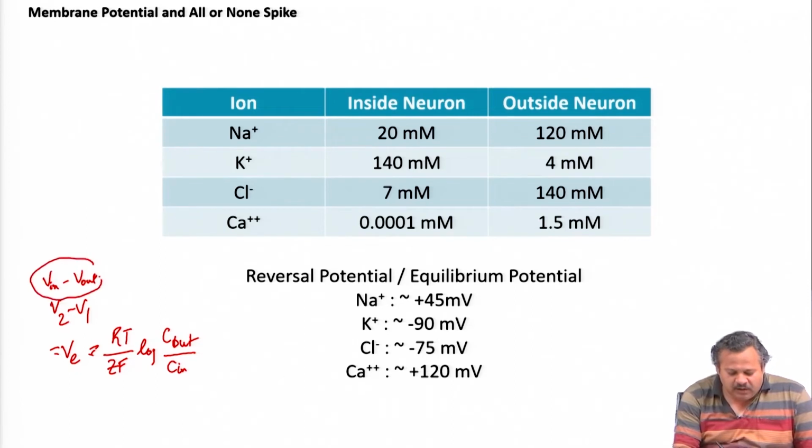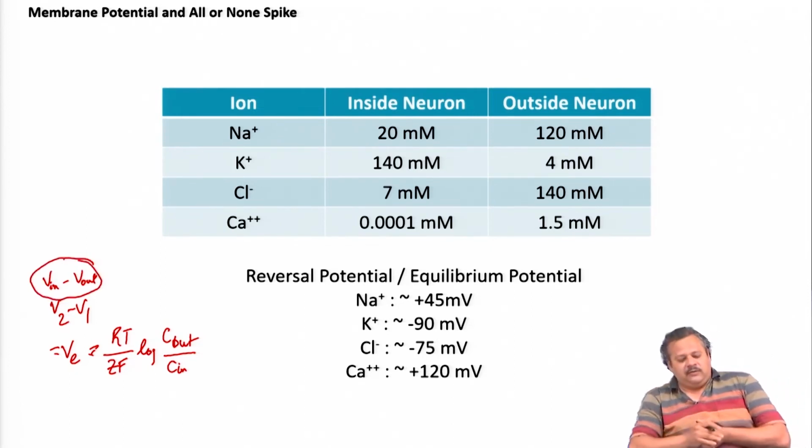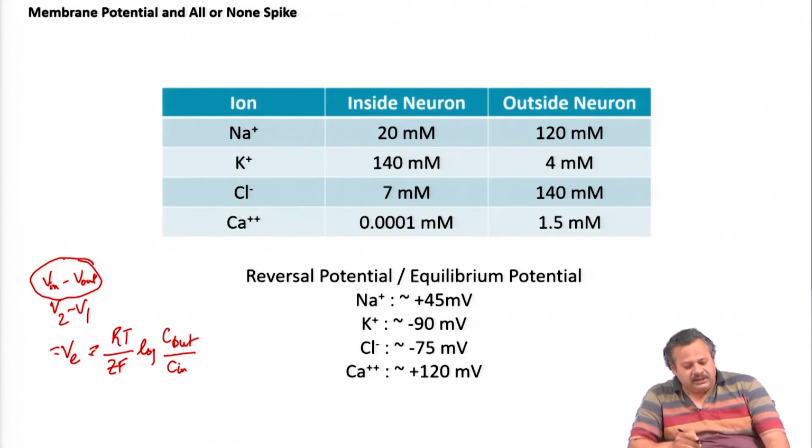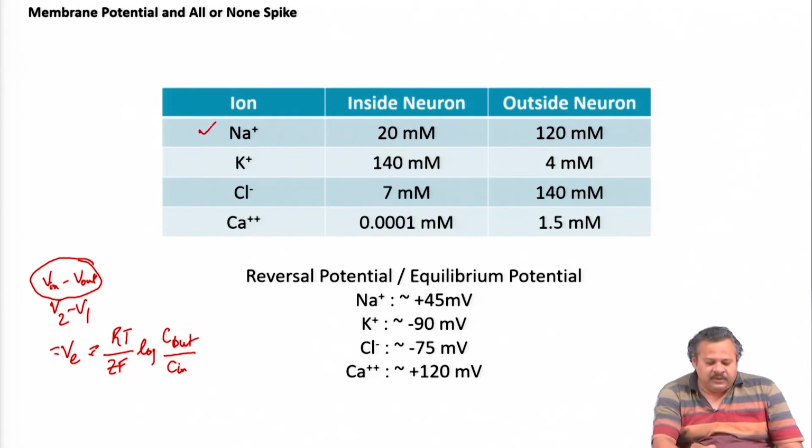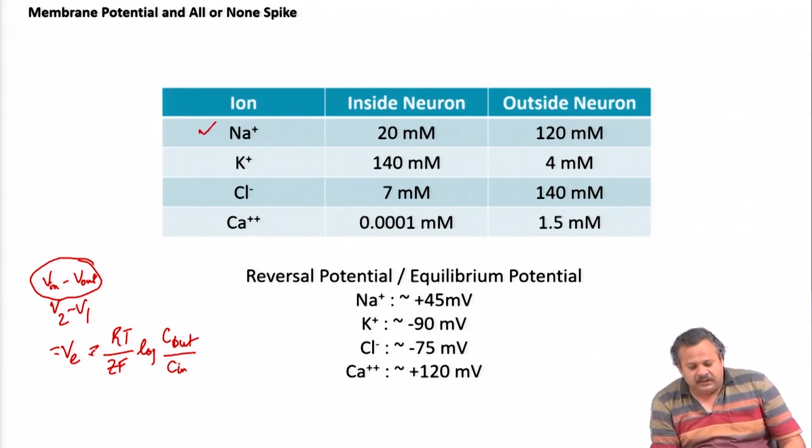That is the way we will be defining membrane potential. So, when the membrane potential is this V_E for that particular ion, let us say sodium, then the sodium will not flow across the membrane, that is, it will be at equilibrium.